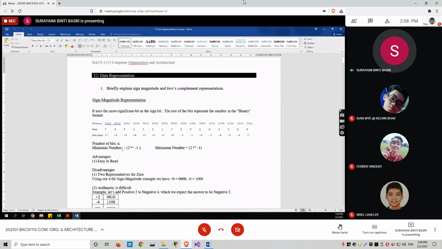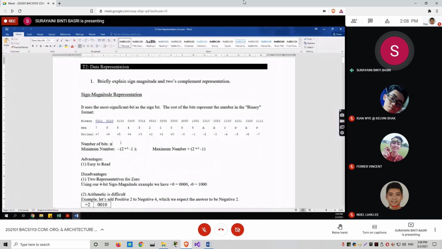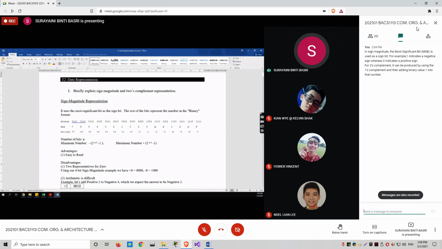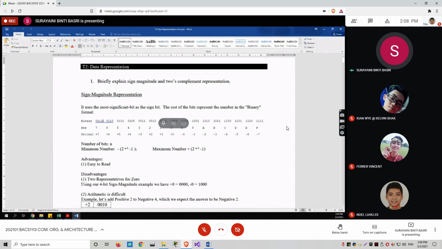If you remember the sign magnitude, it is the same as the answer given by Noel. The sign magnitude representation is the first way of representing a signed number. It uses the most significant bit. For example, if this is a 4-bit number, the most significant bit is located at the leftmost position of the number.